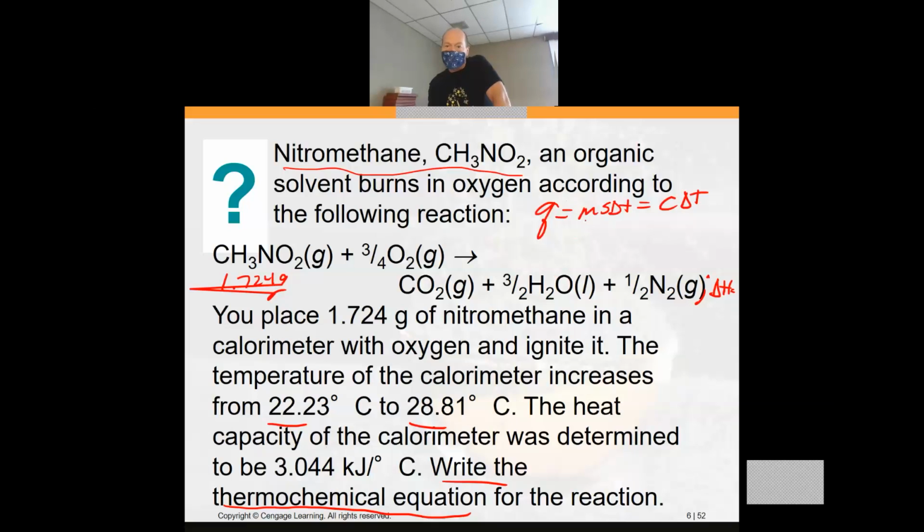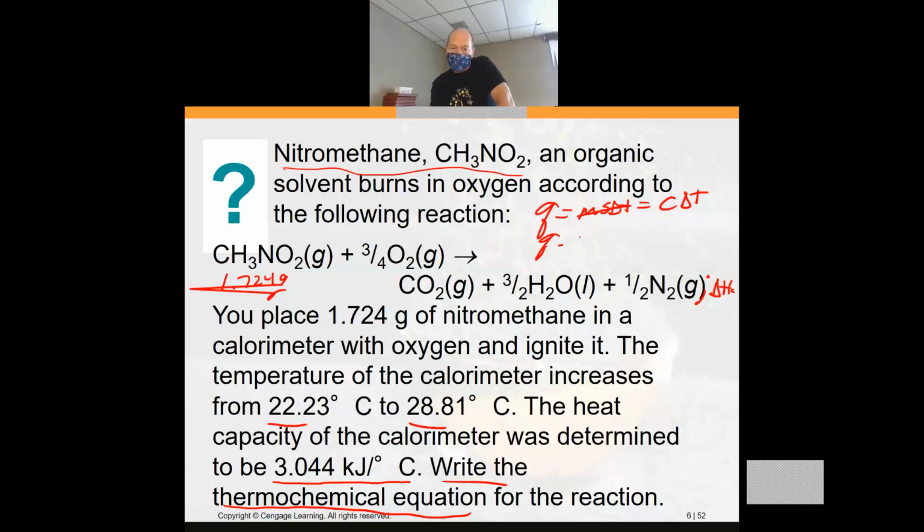Did they give us the mass and the specific heat, or did they give us the calorimeter heat capacity? Well, they gave us the calorimeter heat capacity. They told us that we're going to get 3.044 kilojoules for each degree Celsius change. So this time we're not given a specific heat and a mass. We're given the heat capacity of our calorimeter.